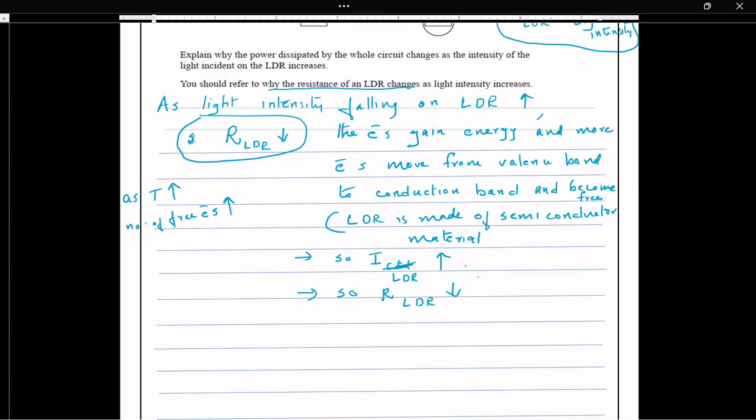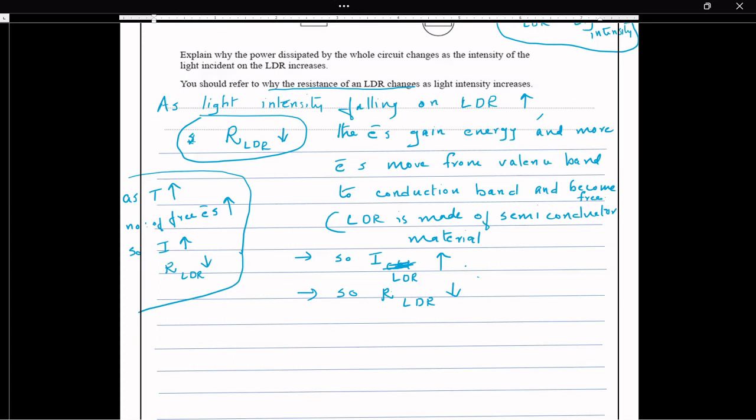So the number of free electrons increases. So the current through the LDR increases, and accordingly the resistance decreases. In short, this is the way you can write the answer.